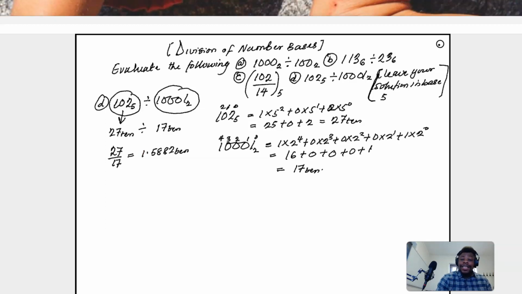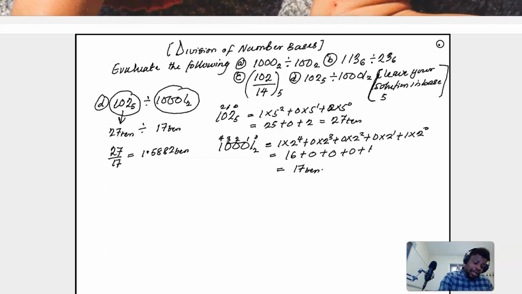Now, we need to take this from base 10 to base 5. I've taught you how to do this conversion from base 10 to other bases. If you don't know how to do that, click the top right hand corner of this video so you can see how to do that. Let's continue.